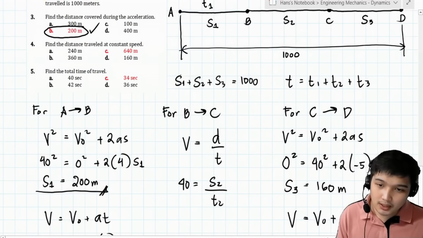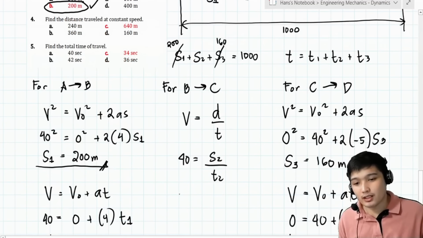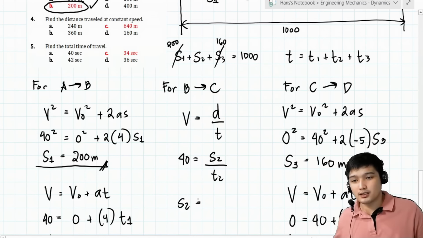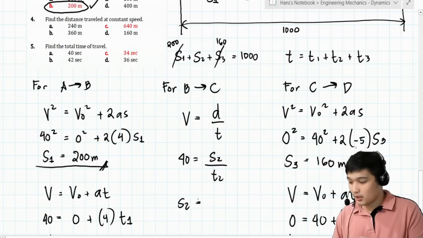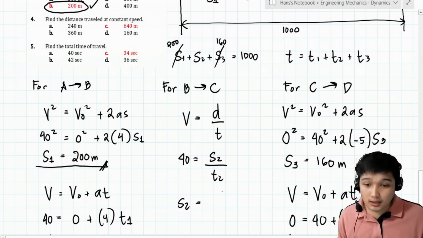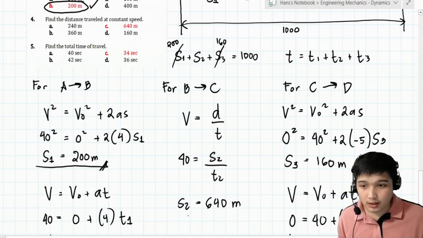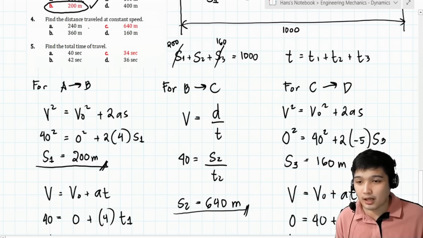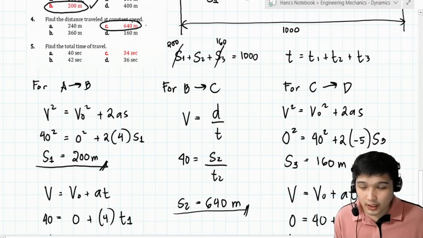So if we replace this with 200 and this with 160, we can get a value we can use for B to C. So S2 is equal to what, guys? It turns out to be 640 meters. So actually, this is what is being asked in number 4: find the distance traveled at constant speed. That is the answer. Correct.